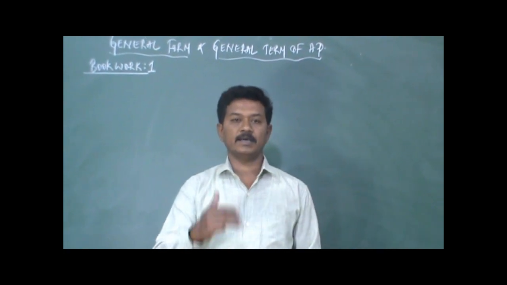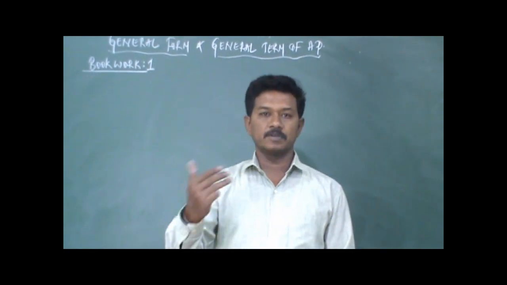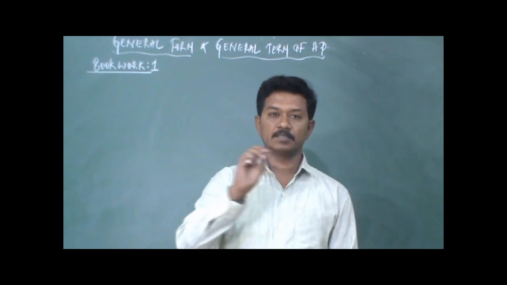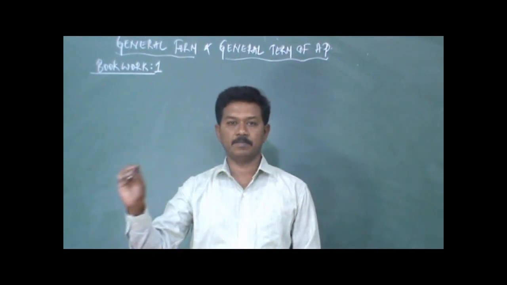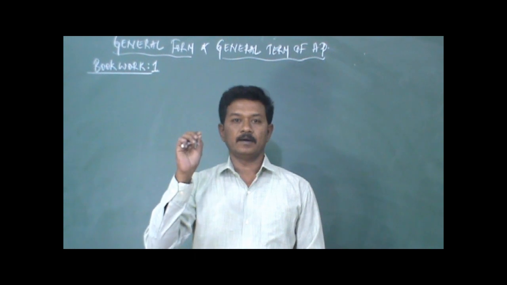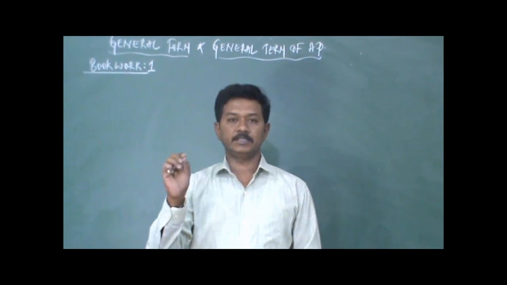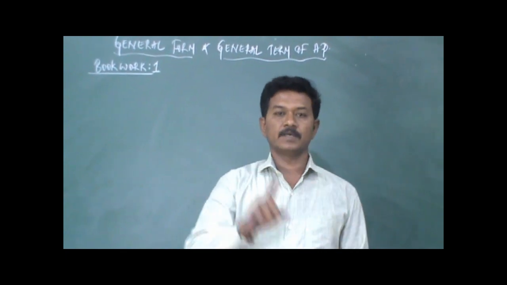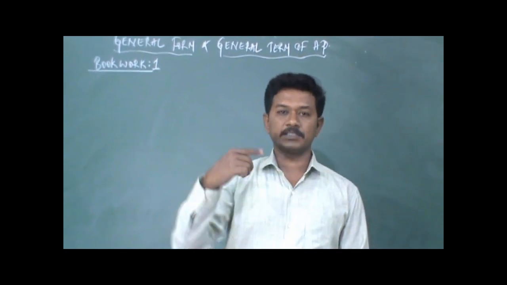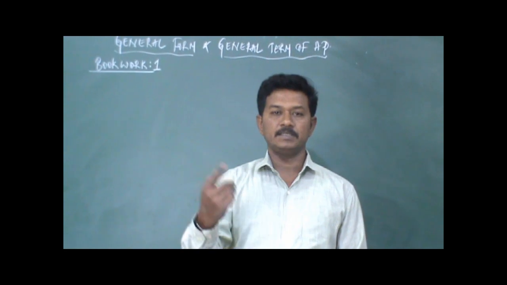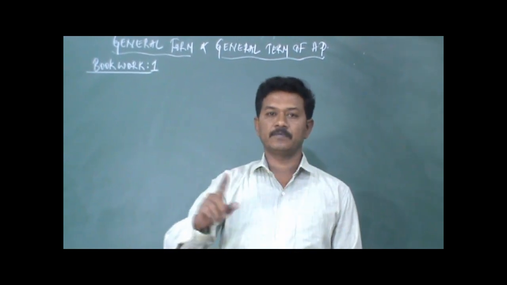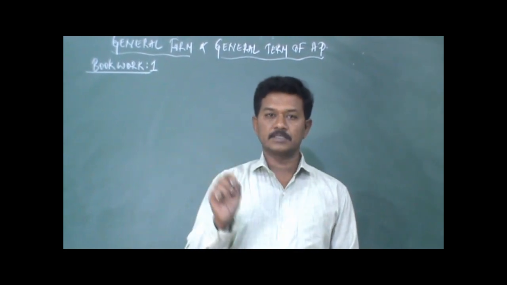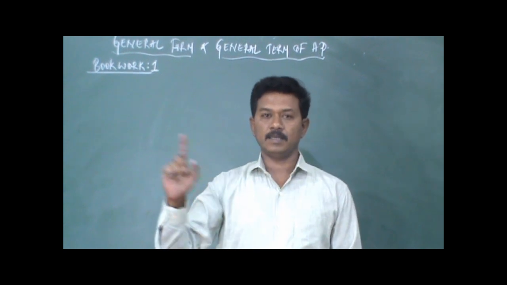So that's called the nth term of an AP. I want to repeat this. The nth term of an AP, or general term of an AP, is how each and every term of an AP looks generally depending upon its first term and common difference. In other words, the general term of an AP.